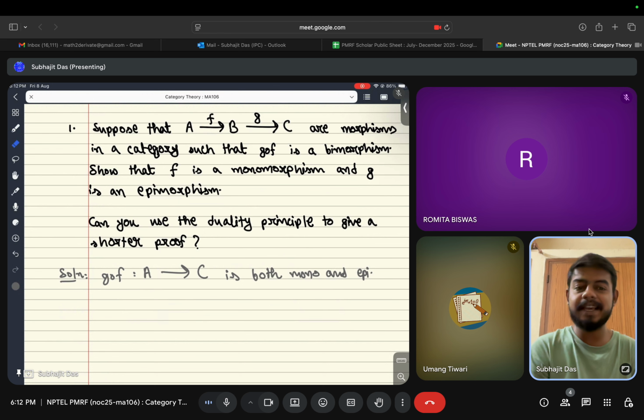What you need to show is that F is a mono, first of all. So how do you plan to show that? Can anyone quickly give me the argument? And please interact, I mean, that will benefit everyone.